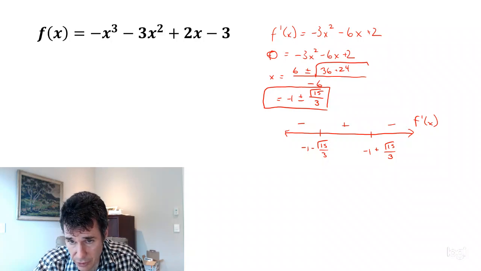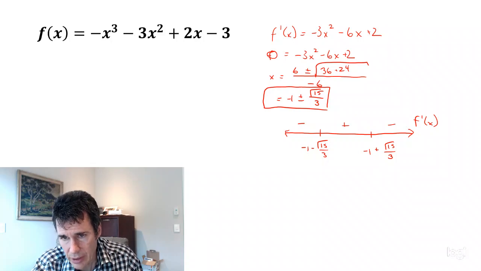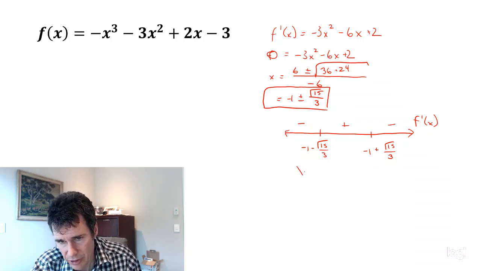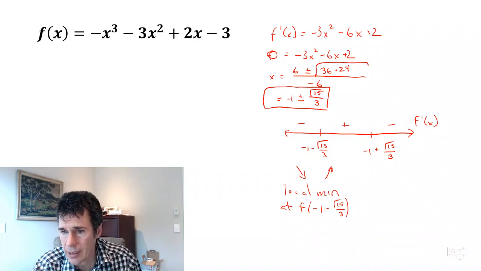We think about this first one, and we say to ourselves, well, it's decreasing, then it's increasing. That must be a local min at f of negative 1 minus square root of 15 over 3. I'm not sure I want to calculate that.